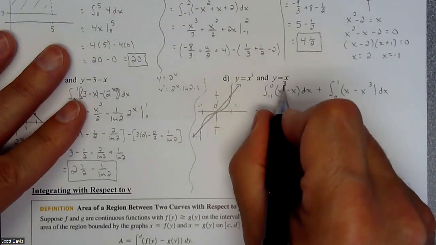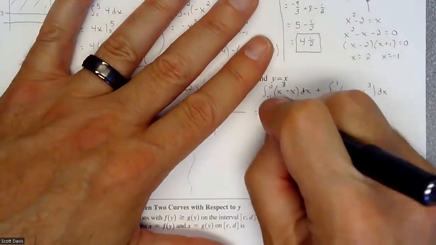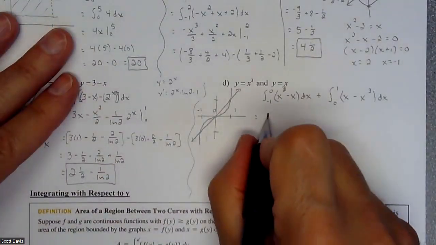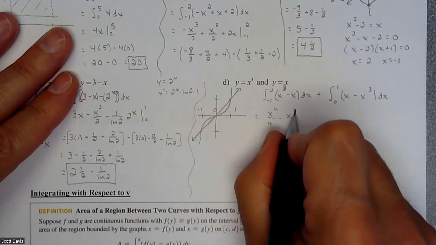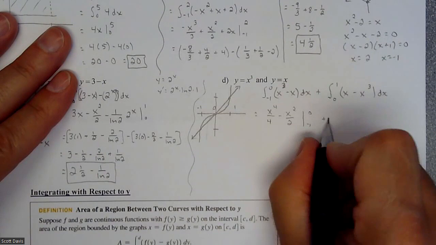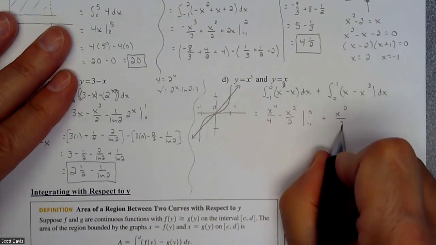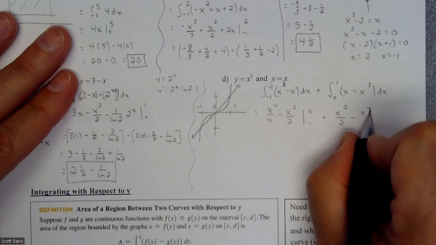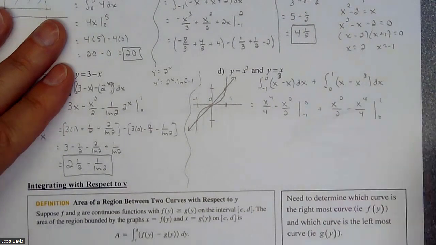So the antiderivative of the cubic is going to be x to the fourth divided by 4 minus x squared divided by 2 from negative 1 to 0, plus x to the second over 2 minus x to the fourth over 4 from 0 to 1.